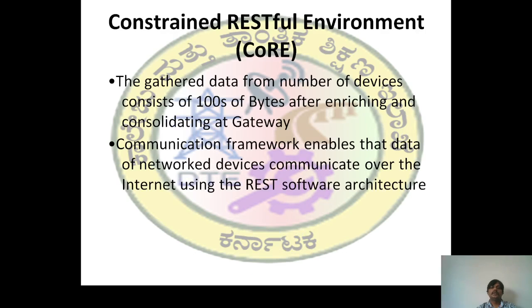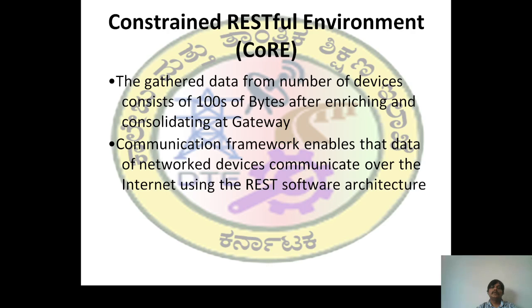So the data of the connected devices routes over the web in two types of communication environments. The environments are constrained and unconstrained. The first is a constrained RESTful environment, that is core.